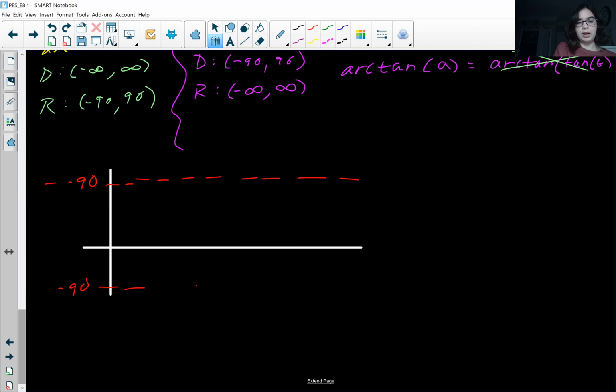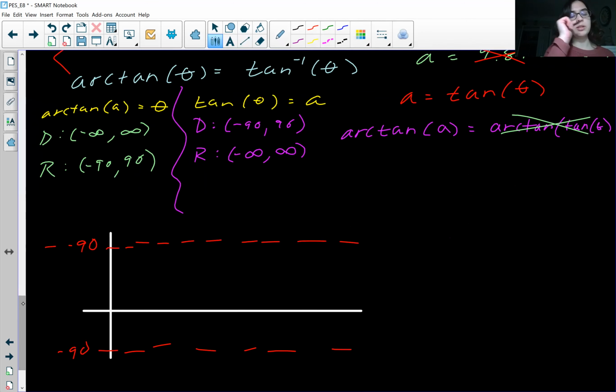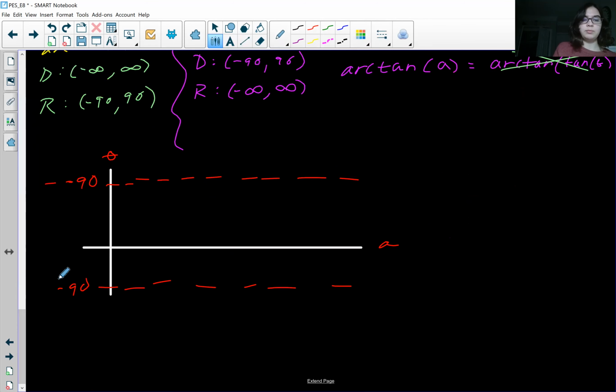Okay. And we can actually create asymptotes here. The reason is because if we look at arctangent, we have to think of the acceleration that would have gotten us an angle of 90 degrees. And it's not possible, but you're approaching infinite acceleration. So this is theta, this is acceleration. For inverses, we always got to work backwards.